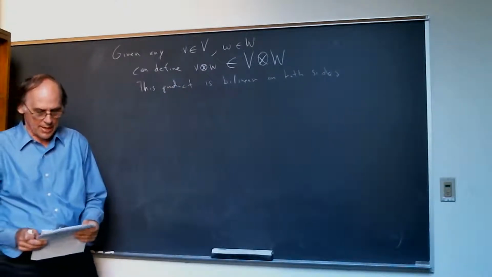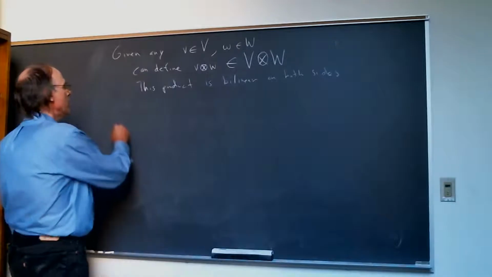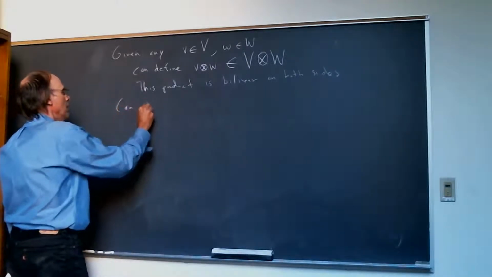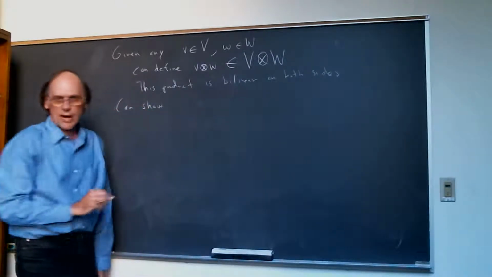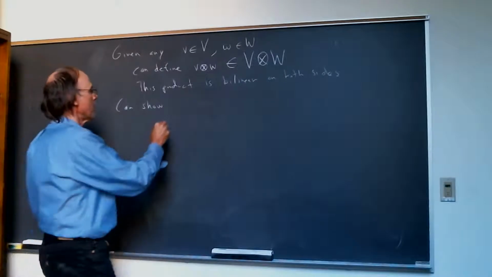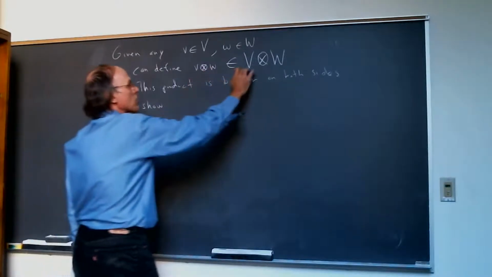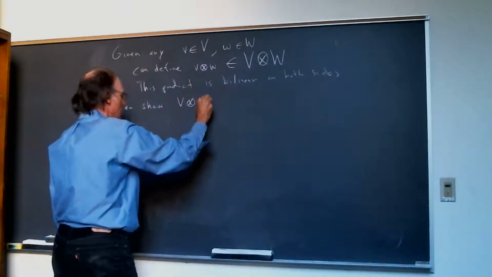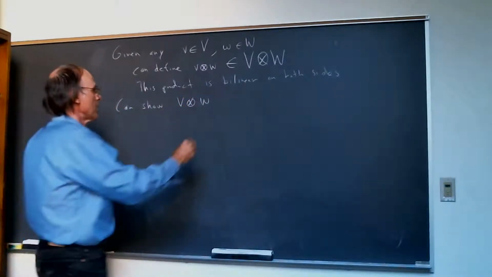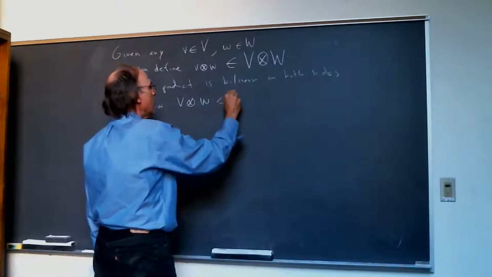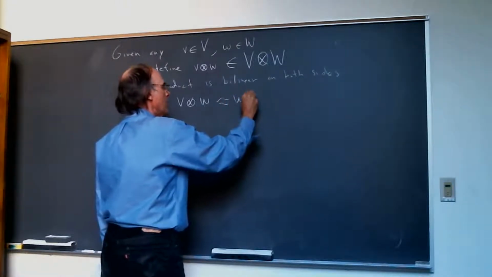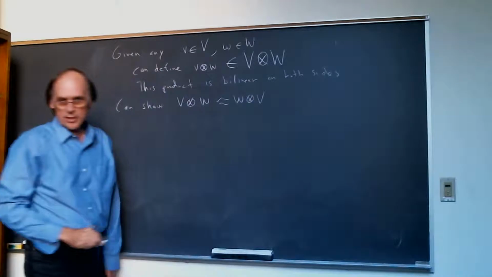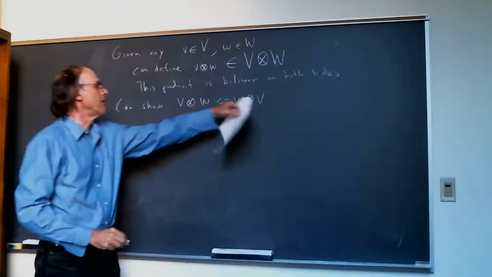What else does it have? It's not initially obvious, but it's not hard to see that it doesn't matter which order you pick here. That V tensor W and W tensor V, there's a nice isomorphism between these guys. So you can identify these spaces.